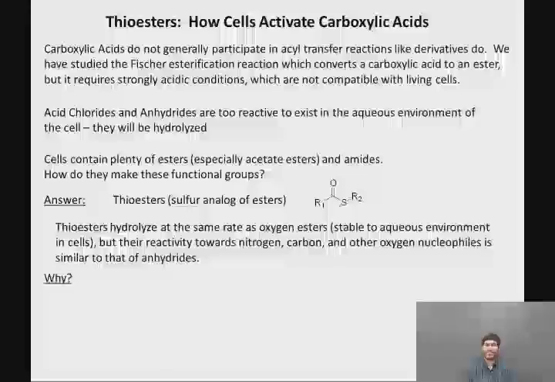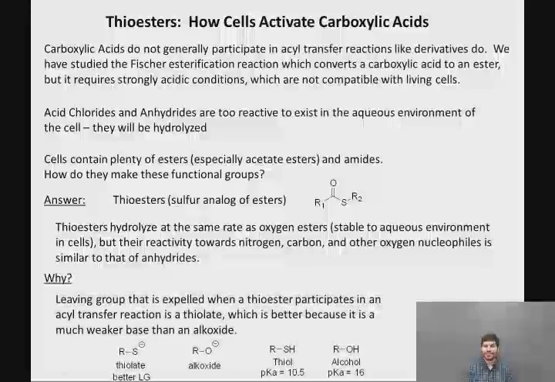Why? Well, like many other things in organic chemistry, we can fundamentally trace the answer back to the pKa table. So earlier in this unit, we've looked at the fact that what makes acid chlorides the most reactive is that the leaving group that is expelled in the acyl transfer mechanism is Cl-, which is the weakest base.